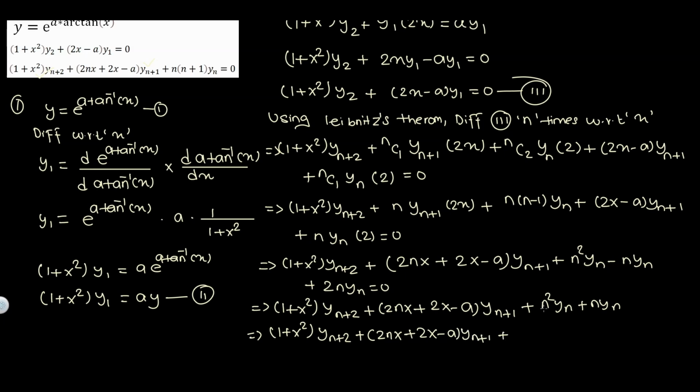Now take nyn common from this term. We will get nyn, so we are left with n plus 1. We can rearrange this like this, which also completes our proof for the second expression. Thank you.